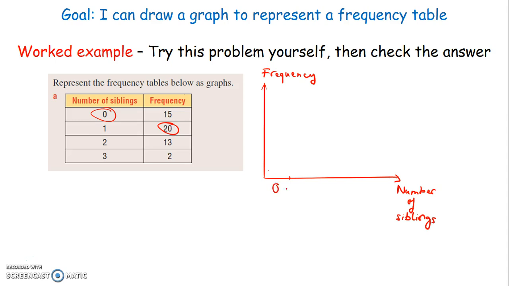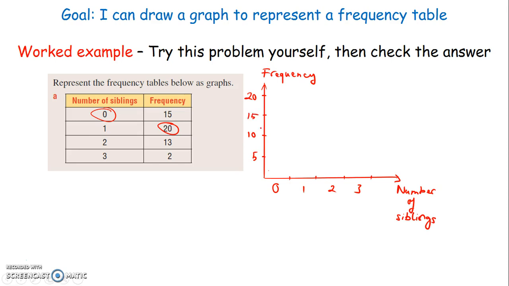In this case, we're going to write the numbers in the middle of the column. The maximum frequency is 20. Now I'm just eyeballing it here, but what I would like you to do is to actually use your ruler to draw the graph to scale.